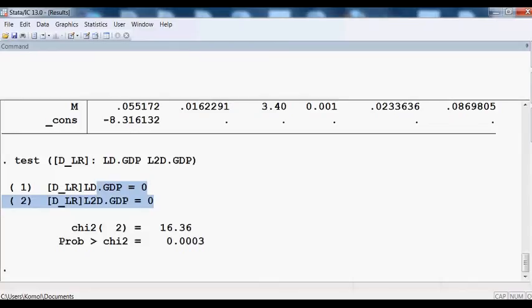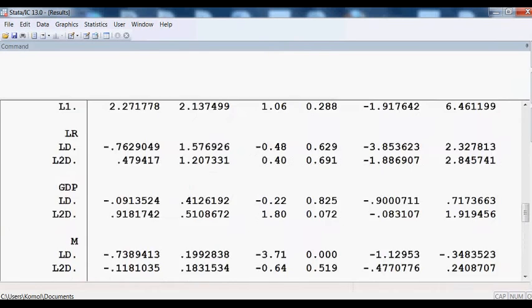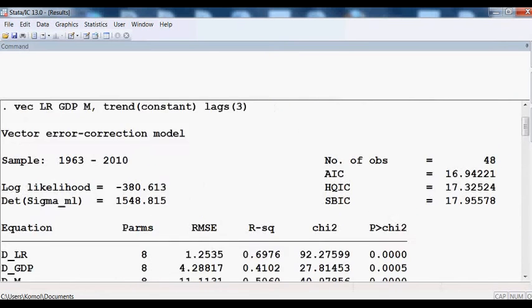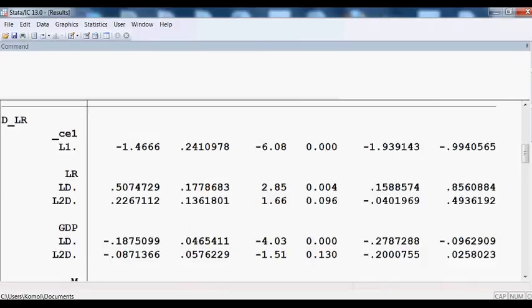They are not 0, meaning that LD and L2D are not 0, meaning that GDP can cause LR, right? GDP can cause LR, but make sure these are short run effects, right? Short run effects, because all these coefficients are short run coefficients.